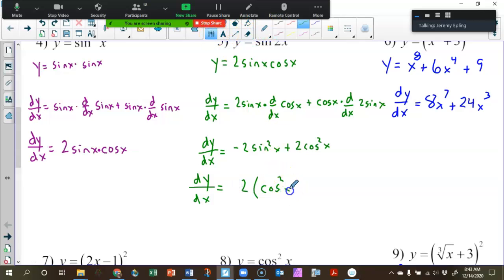So 2 times cosine squared x minus sine squared x. Now that is an identity: 2 cosine of 2x, or 2 times the cosine of 2x.